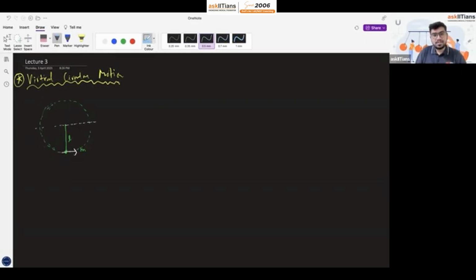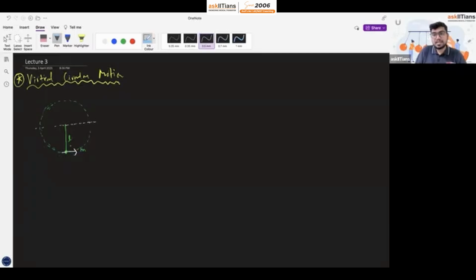One scenario is if I give it a decent speed, it will move. But if its speed becomes zero in between, then it will come back along the same path. Maybe it is possible because of the presence of tension. So that can be one of the cases.